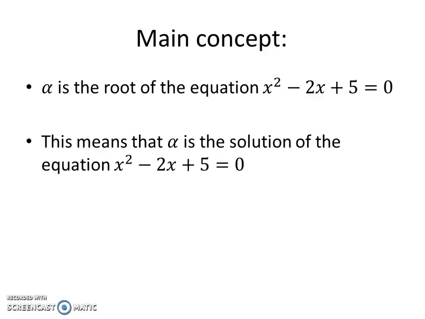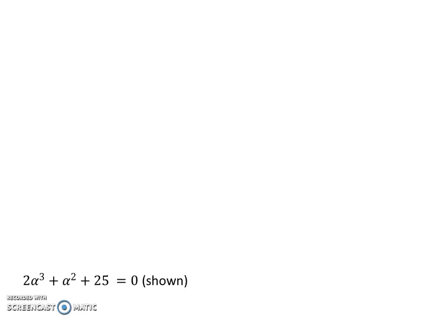This means that alpha is a solution of the equation, which means that if I substitute alpha into this equation, I get this relationship: alpha squared minus 2 alpha plus 5 is 0. The thing behind proving questions is that you always start somewhere and you try to get somewhere. So this is the solution for part 1.